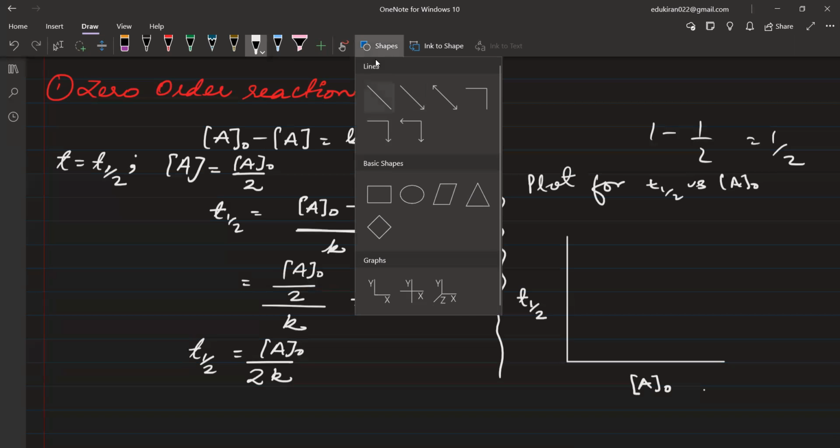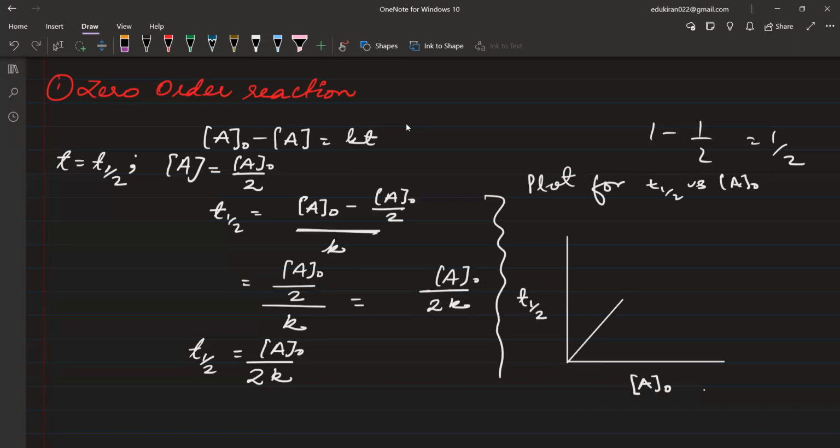Now it is going to increase. That means if we have more A, then it is going to take more time to get half of the reaction. So it is going to increase as we increase the concentration of A. Also, I can write the slope is equal to 1 upon 2K.